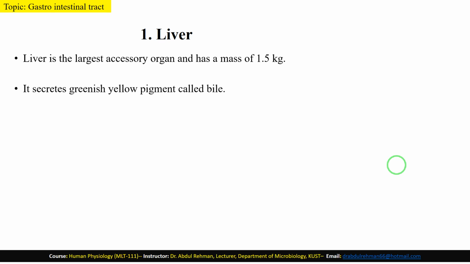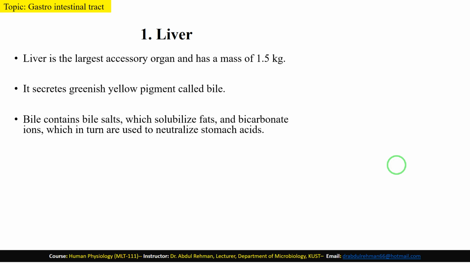The liver secretes a greenish yellow pigment called bile, which is a mixture of different salts, and these salts are used to neutralize fat present within our food. In addition, bile also contains bicarbonate ions, which are used to neutralize the acid that came from the stomach into the first part of the small intestine, that is the duodenum.